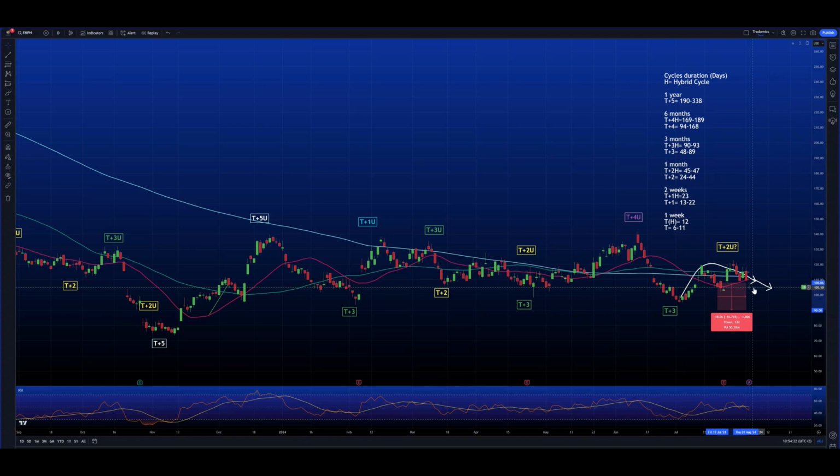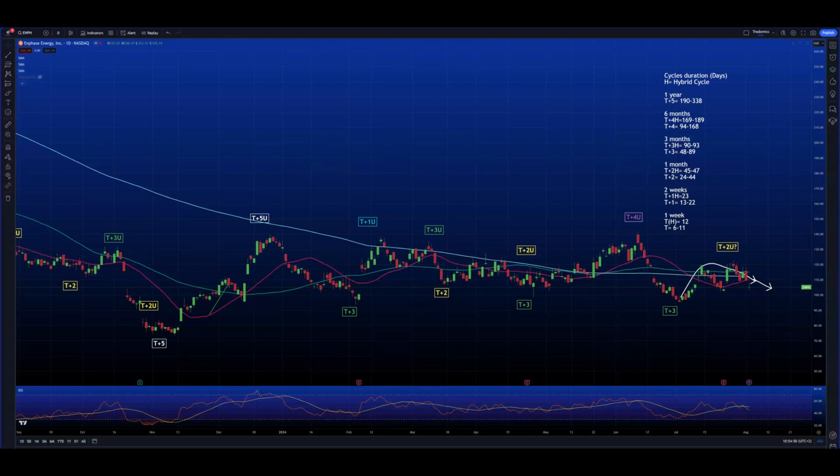So from Monday onwards, we have two possibilities, two chances to go down and 9 chances to go up, statistically speaking. But given that now we are reaching the minimum duration of a T plus 2, we might also have the first impulse to the downside to close the T plus 2 and then further back up.